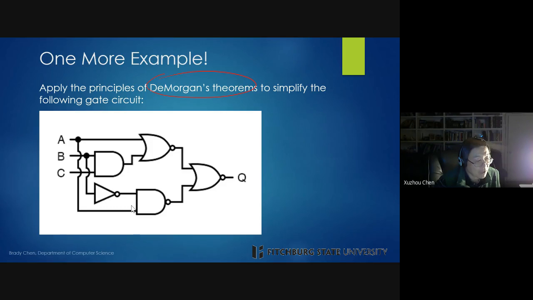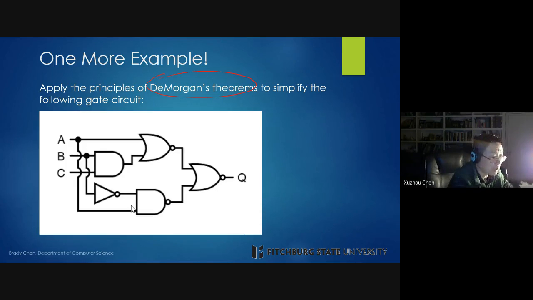So you can simplify this with 3 inputs and 5 gates. 1 AND gate, 1 NOT gate, actually 2 NAND gates, 2 NOR gates, right?